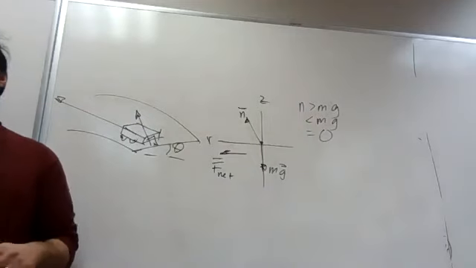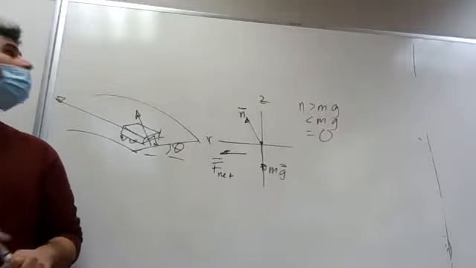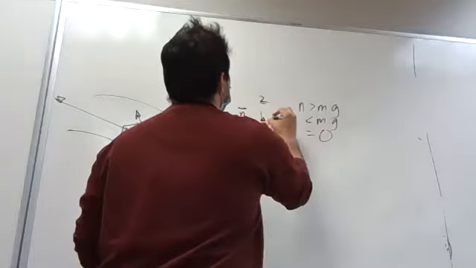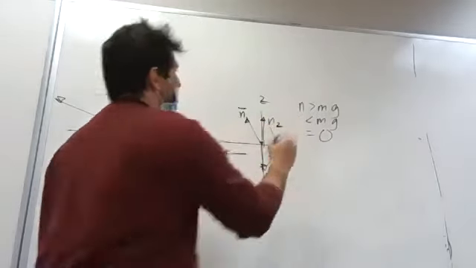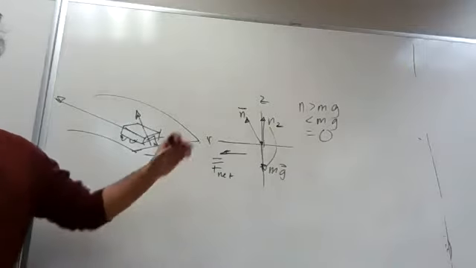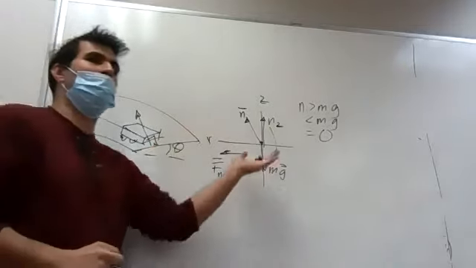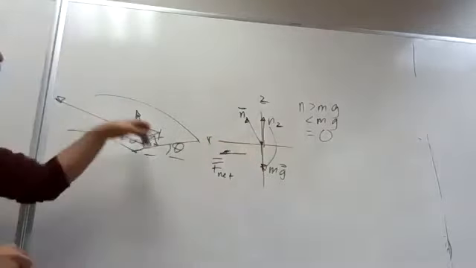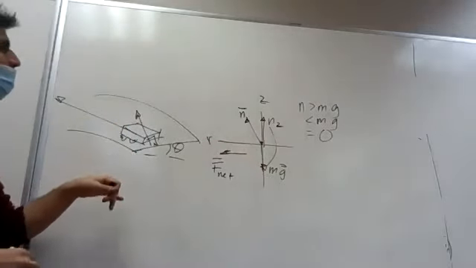Well, wait, so wouldn't that make it bigger, because now the Z component of N has to equal mg? Since the Z component of N has to equal mg, the R component has to be the thing that lets us move in a circle, right?